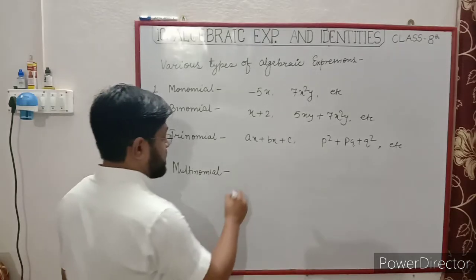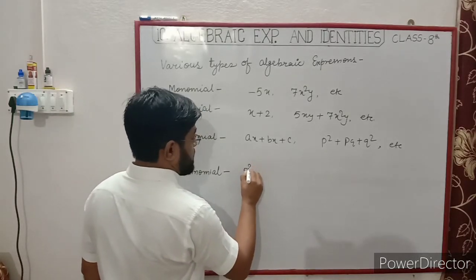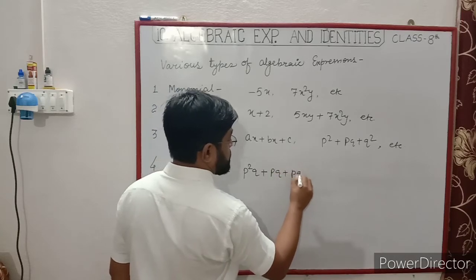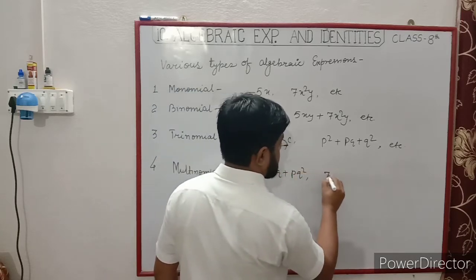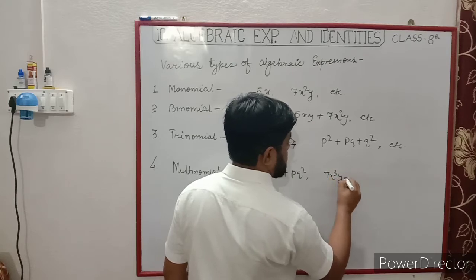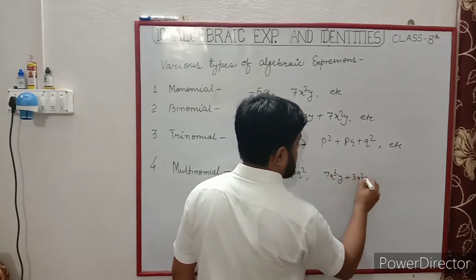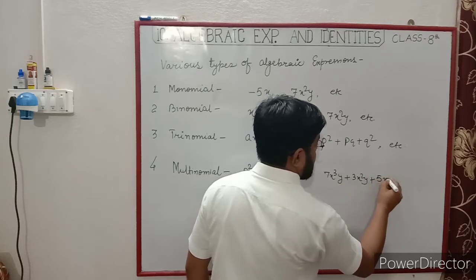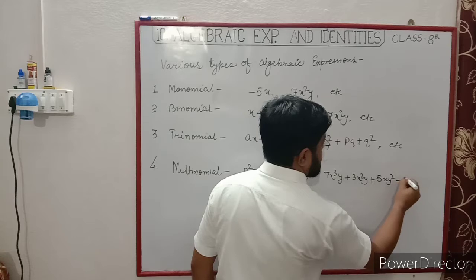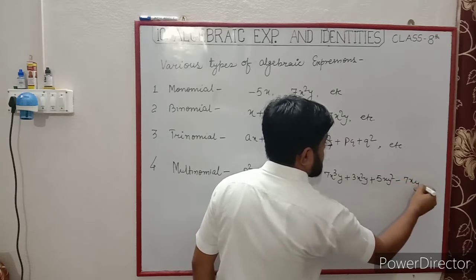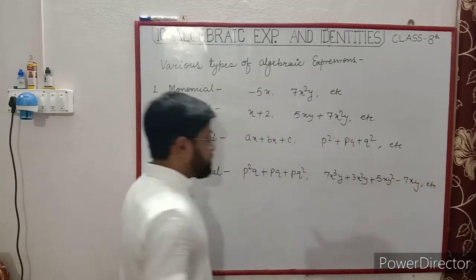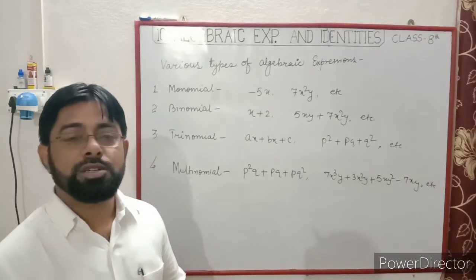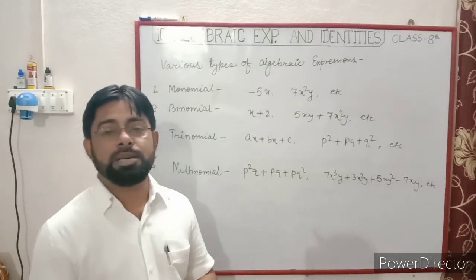Let's see the example. p square q plus pq plus pq square, 7x cube y plus 3x square y plus 5xy square minus 7xy. These are the examples of multinomial. Now, multiplication and division do not separate the terms of an algebraic expression.